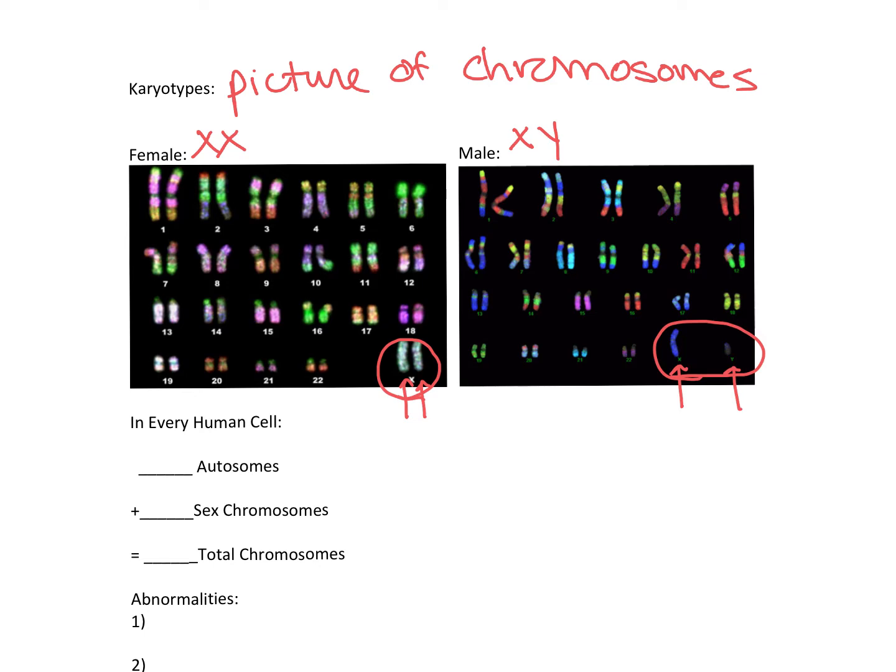Now also notice on this picture that every spot is labeled with a 1, 2, 3, all the way down through 21. Same thing on the males. You can't see it quite as well, but 1, 2, 3, all the way down to 22. Because there's two chromosomes at each of the 22 spots, we call those autosomes, and there are 44 of them because 22 times 2 is 44.